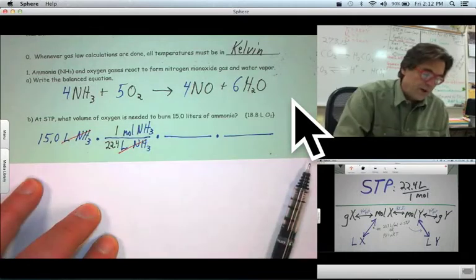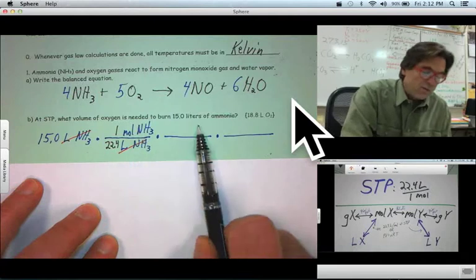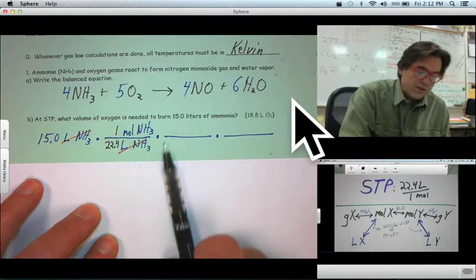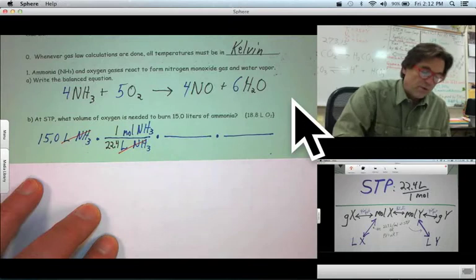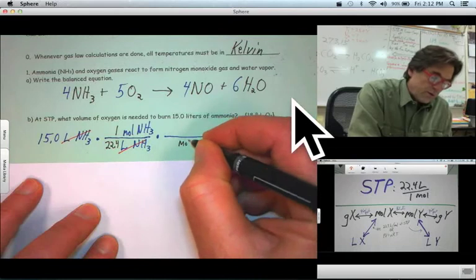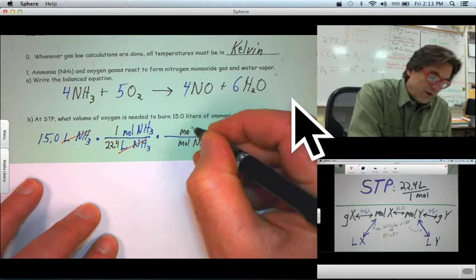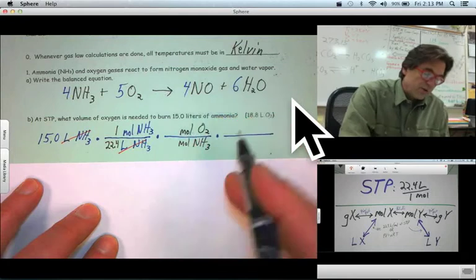And we're ready to get out of moles of ammonia into moles of oxygen. So the next conversion factor relates those. It's the mole ratio. So we write moles of ammonia here on the bottom, and on the top, moles of O2, because that's what we want to convert to.